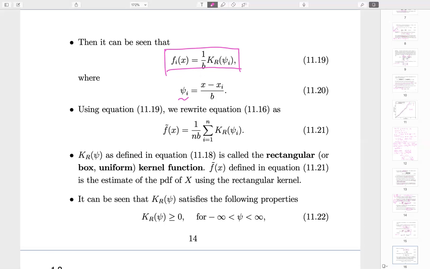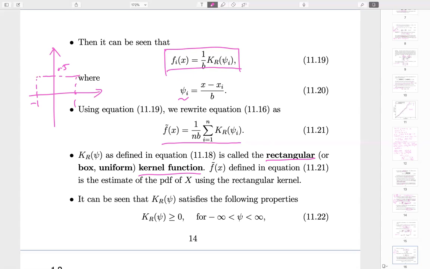And then we have this, which is eventually our rewriting of f tilde, which we already defined. This is what we call the rectangle kernel function. That is because it's a rectangle on -1 and 1 with height 0.5. So that's why we call it the rectangle kernel function.